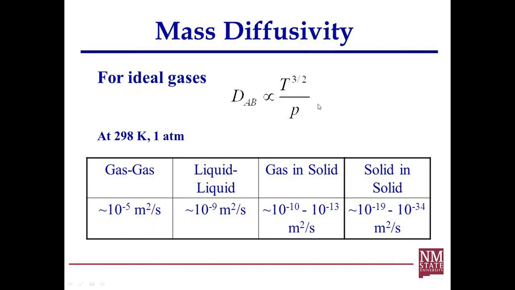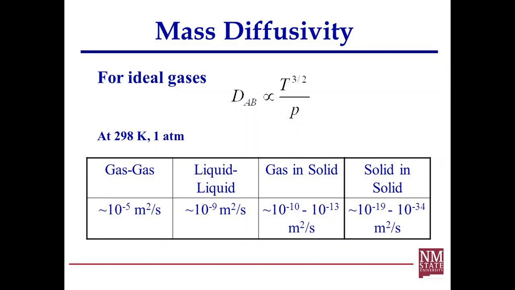Now, diffusivity generally increases with temperature with the magnitude 3/2, that is 1.5, and it decreases if you increase the pressure. Please understand, if you increase the pressure, molecules will be more compact, so molecules will not diffuse much.